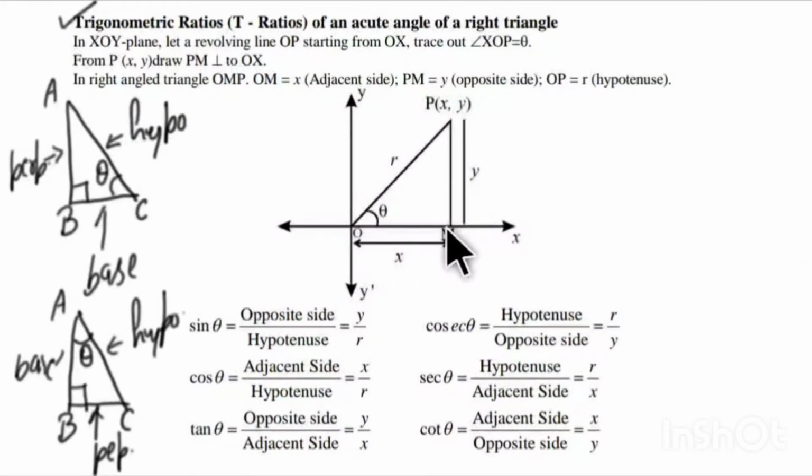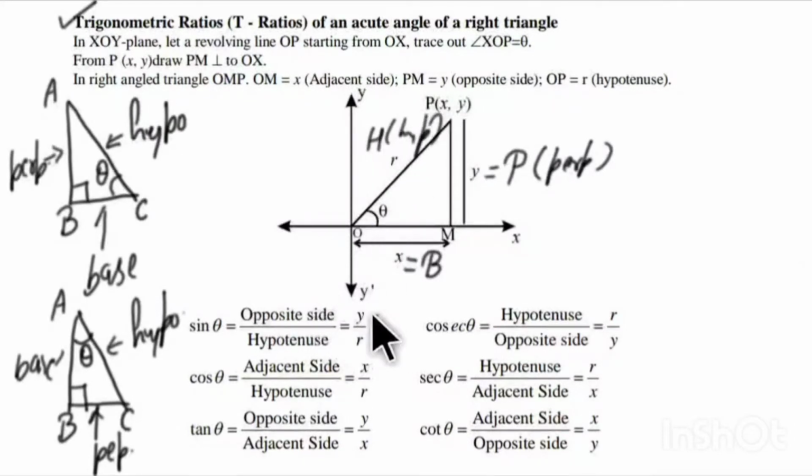In right angle triangle OMP, let OM equal to X, that is the base B, and PM equal to Y, that is the perpendicular P, and OP equal to R, that is the hypotenuse H.